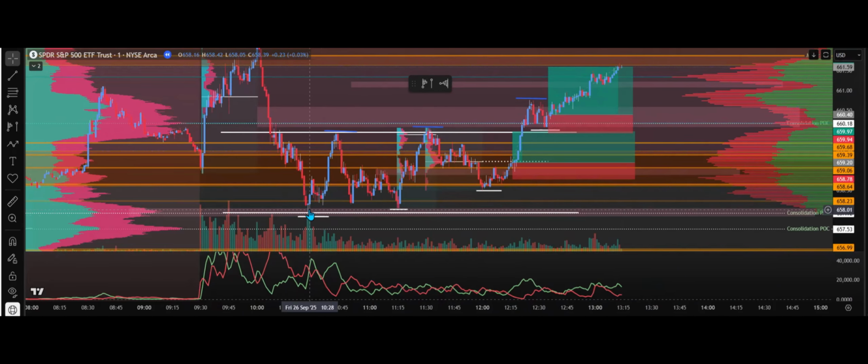Directly analyze those highs and lows to give you context of market structure, and then analyze your volume profile and see where it's showing support.